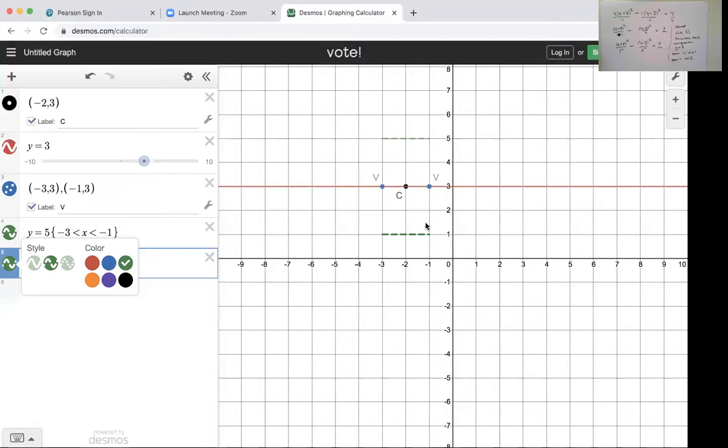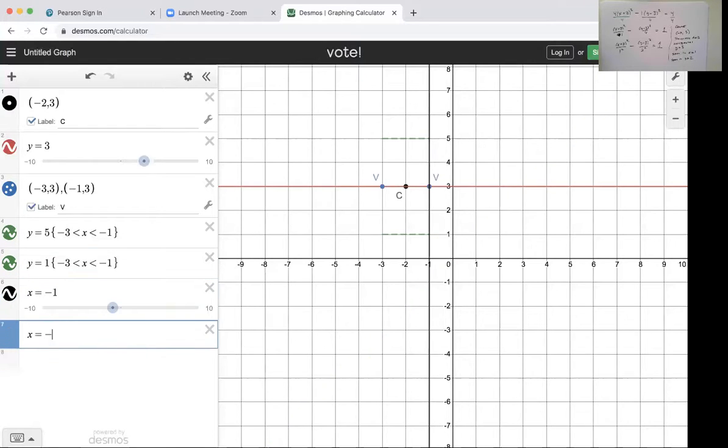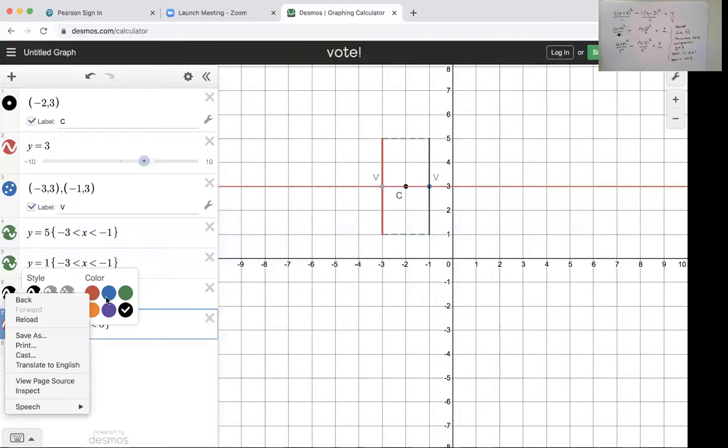So that'll be x equals negative 1 and x equals negative 3. And that's ranging as y goes from 1 to 5. So we've made the little box that helps us to find the asymptotes.